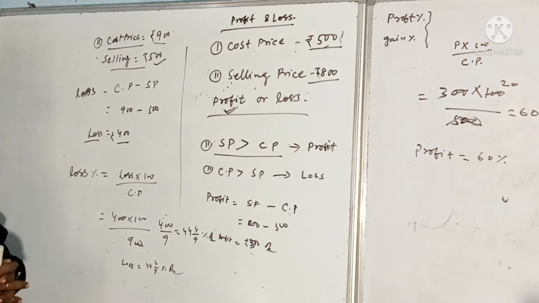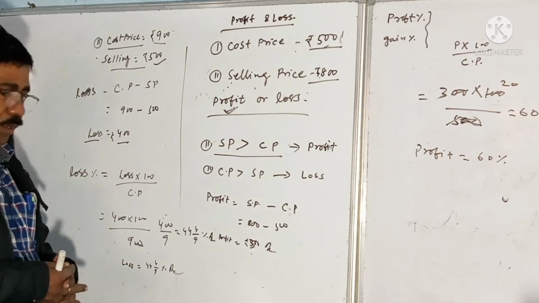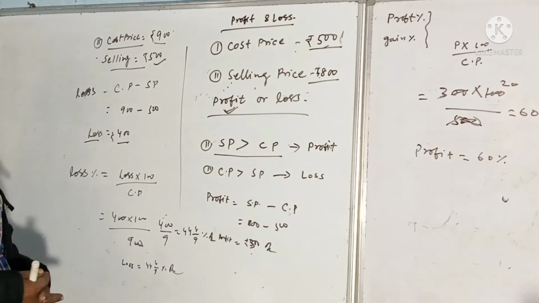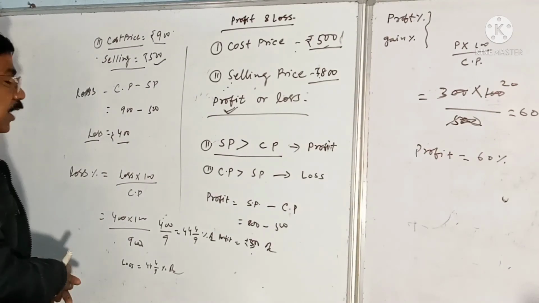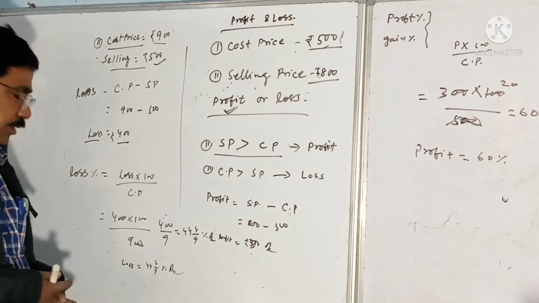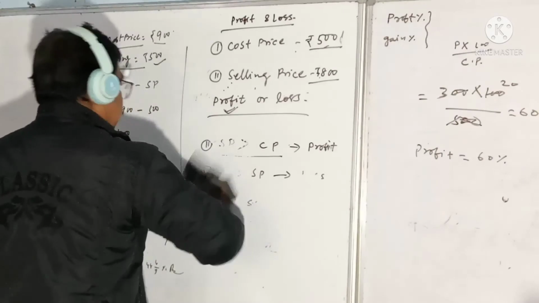So you know about the loss, the profit, the loss percent, and the profit percent, and now you also need to know about the cost price and the selling price. How to find cost price and how to find selling price. It is simple.